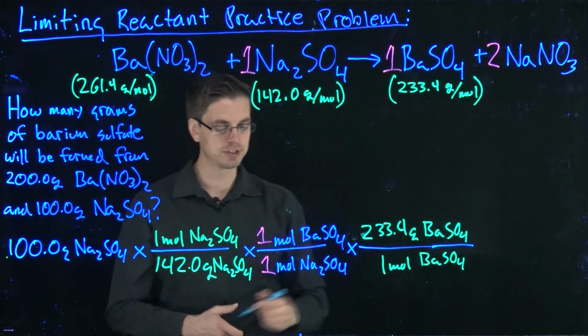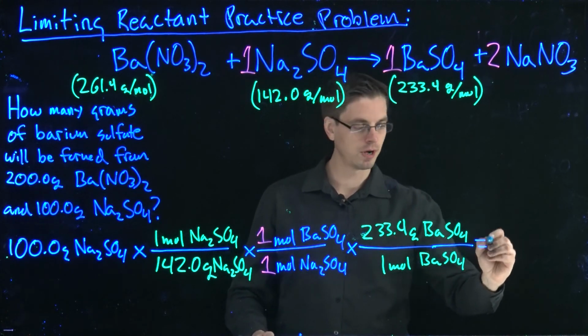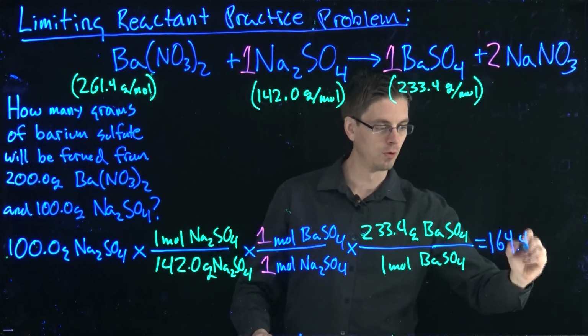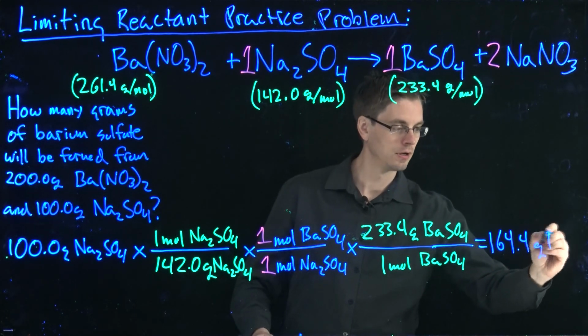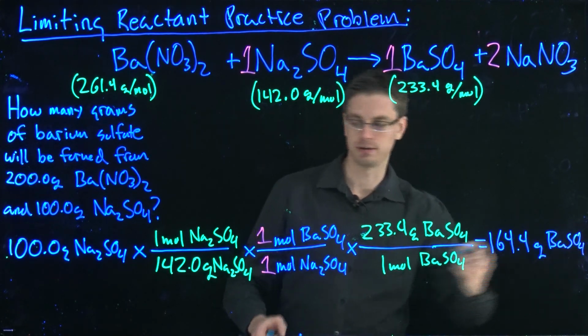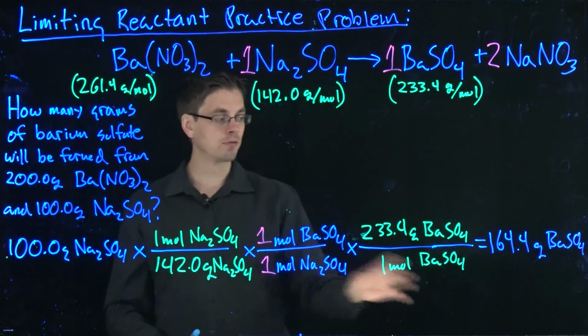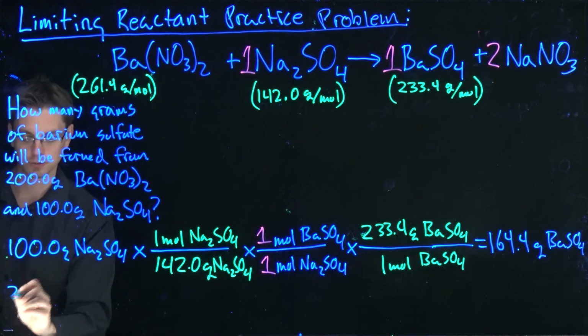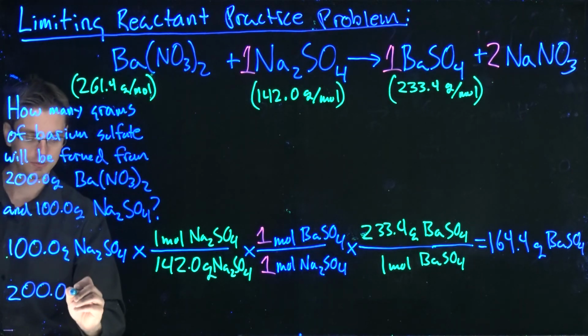Now, if you carry out this sequence of conversions, you should arrive at an answer of 164.4 grams of barium sulfate. Of course, that's not our final answer. We need to do this exact same thing over here, which we'll move through a little bit quicker.